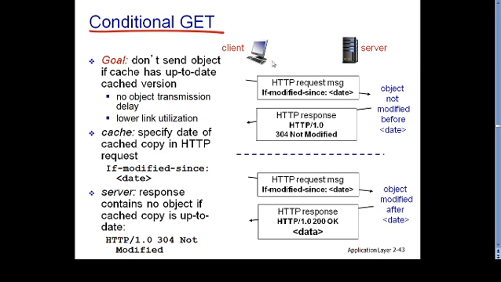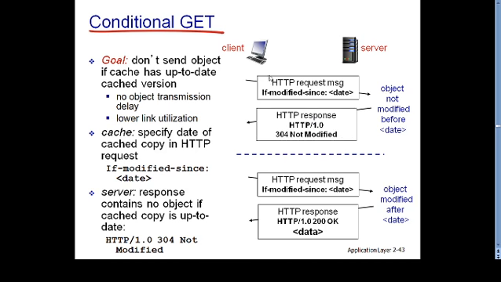In that case, the client has to create an HTTP request with the help of the if-modified-since header, which you send to the proxy server, and the proxy server will give you a response with a header which says not modified.